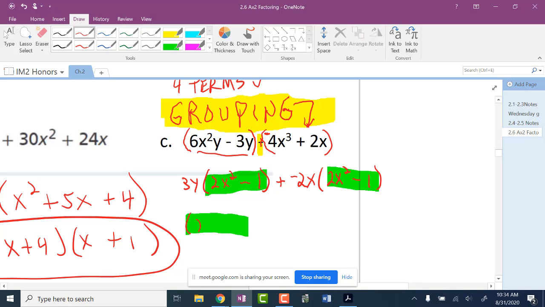And actually, I'm going to go to the book real quick. 2x squared minus 1. You pull that out, and then what you're left with is 3y minus 2x.